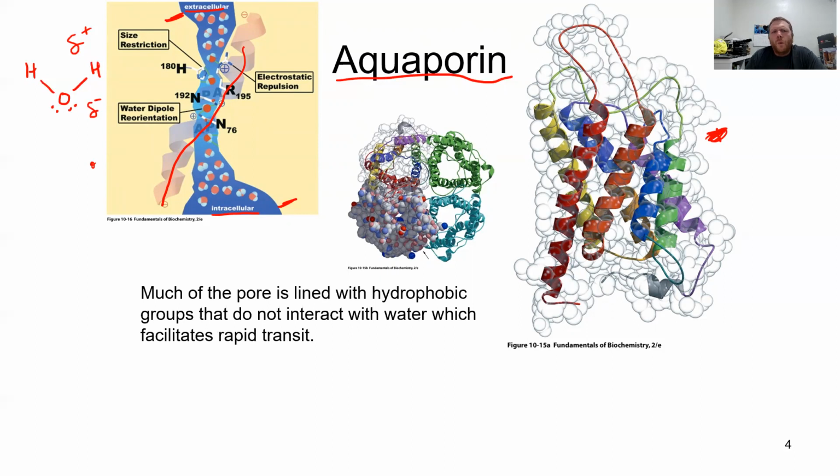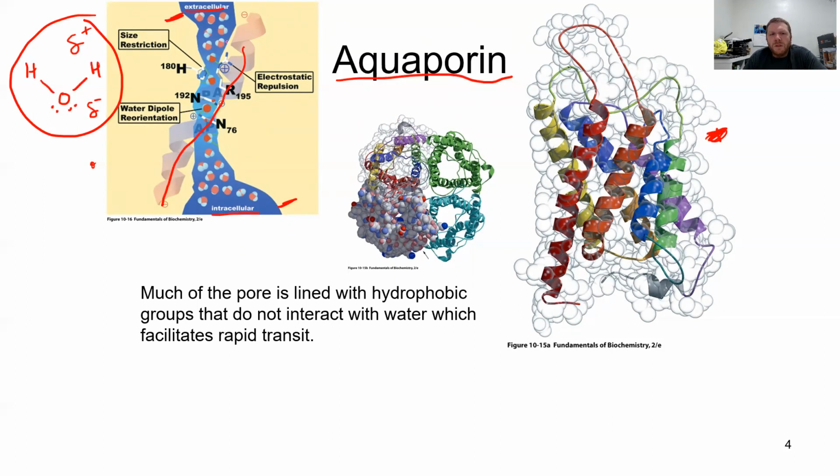Now, what I'd like you to do is think about this, and then think about different amino acids. We have a handful of amino acids that could be positively charged or negatively charged. An aquaporin is a protein that is going to move water from the extracellular space to the intracellular space, or vice versa.